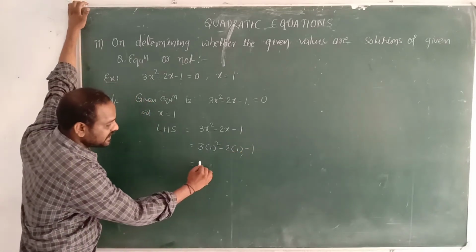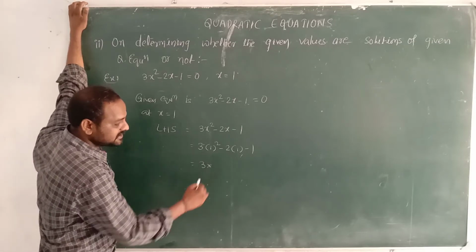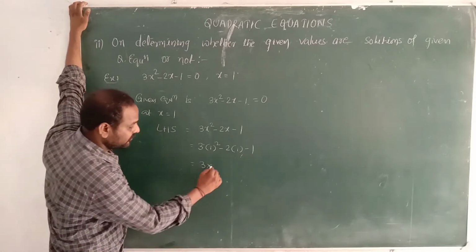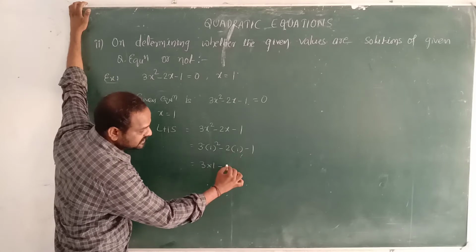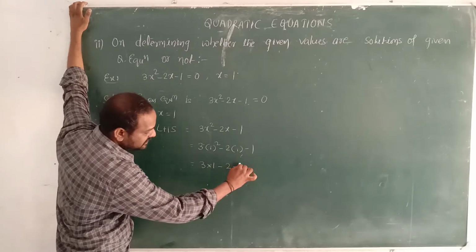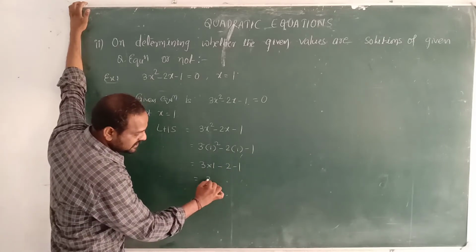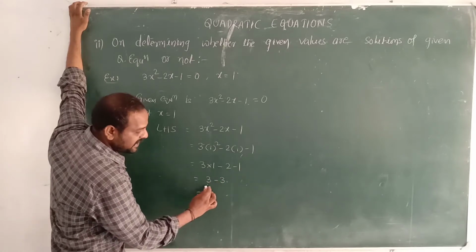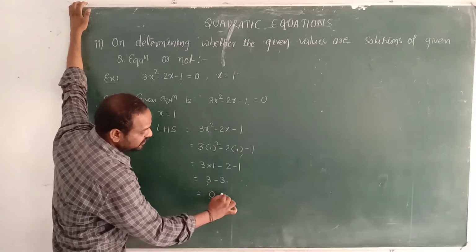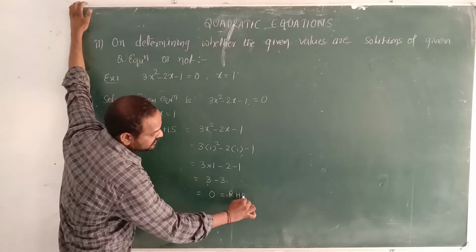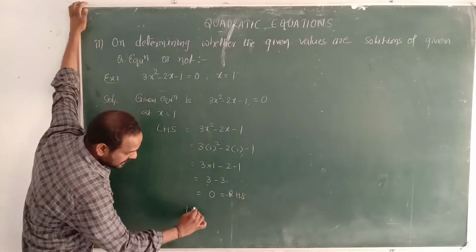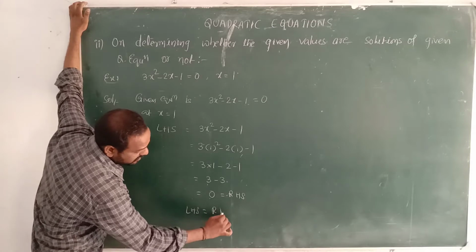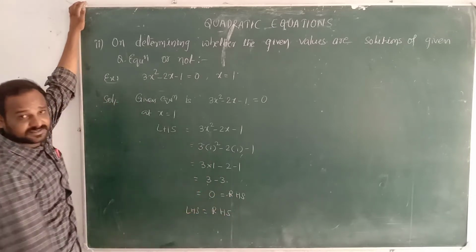How much will we get? 3 into 1 square means we get 1, minus 2 ones are 2, minus 1. So 3 ones are 3, minus 2, minus 1, so 3 minus 3 equals 0, which is equal to RHS. So here we got LHS equal to RHS.